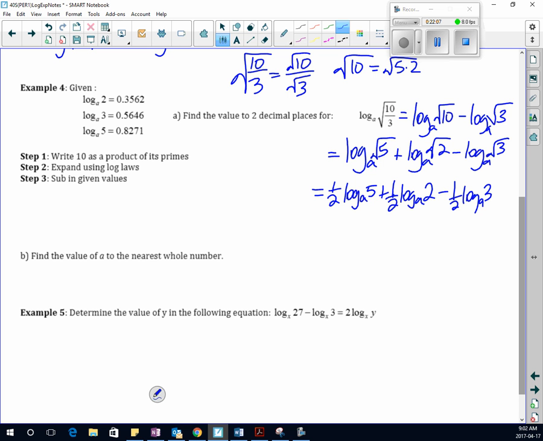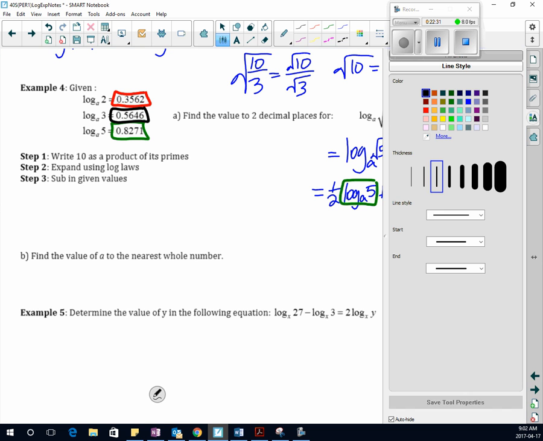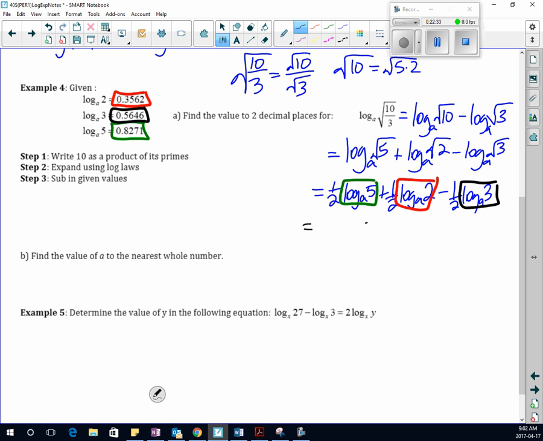So now we're going to actually find the value. Does everybody see here that this is that, and this is that, and this part is that? So now I'm just going to sub it in. You could factor out the 1/2 if you wanted. It's up to you.